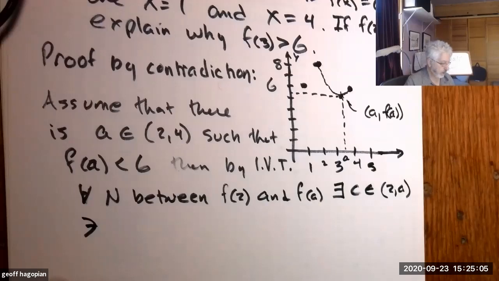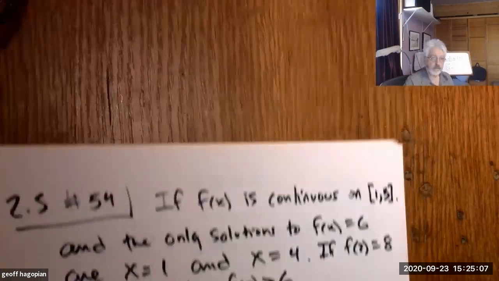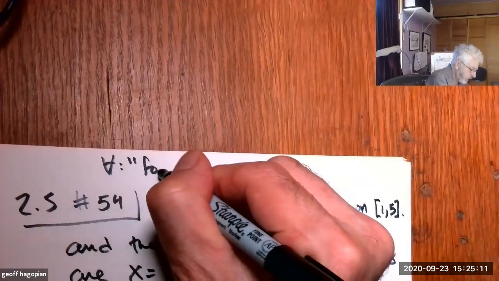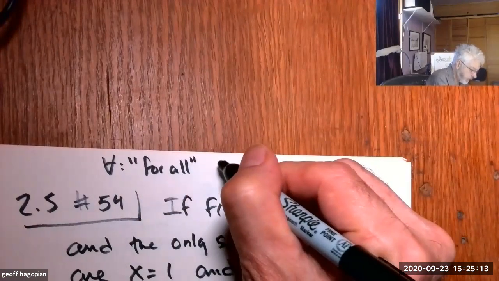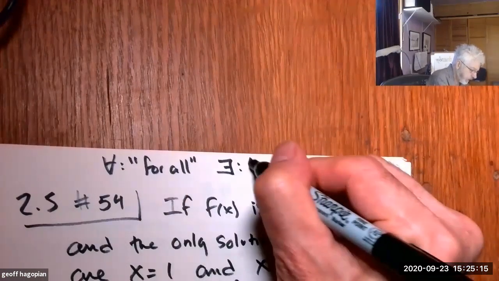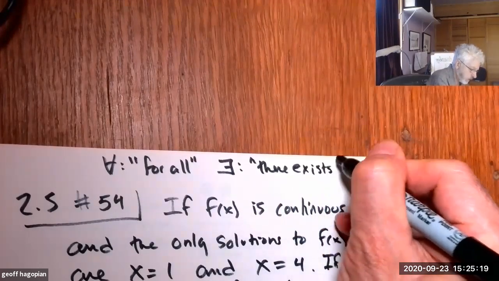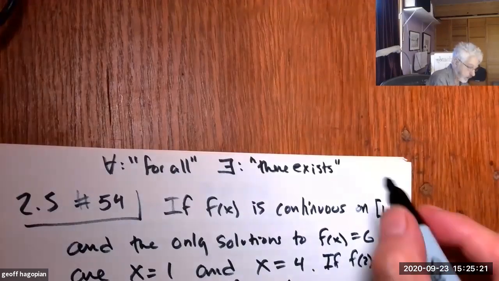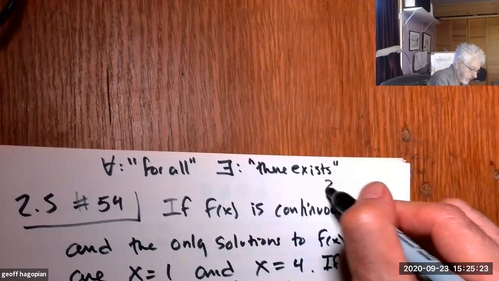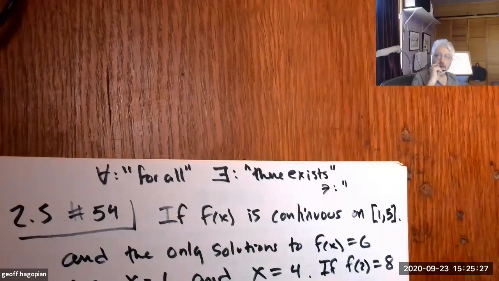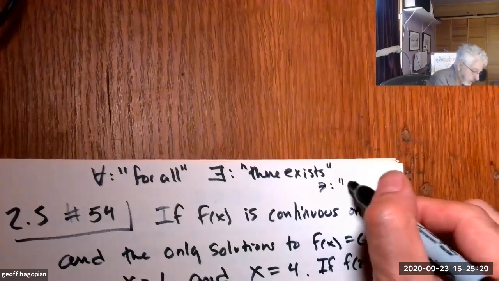So for all, maybe I'll put these up here, okay? This means for all. This means there exists. And this means, it's like a little backward epsilon, such that.